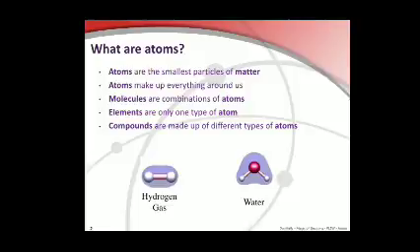Hydrogen gas: a hydrogen atom has only one electron in its valency shell. It is unstable. This unstable hydrogen atom combines with another hydrogen atom to form a stable molecule of hydrogen gas.